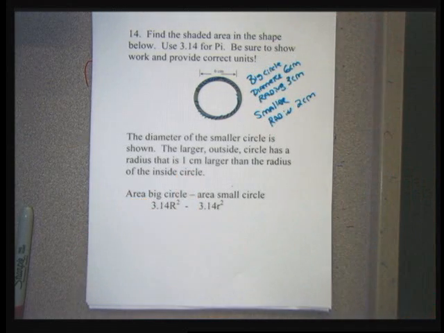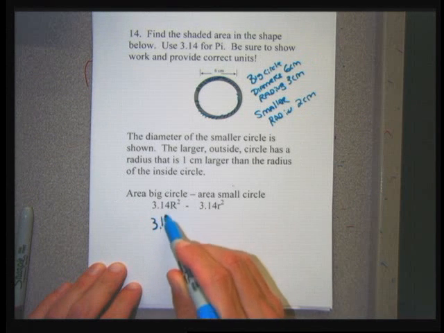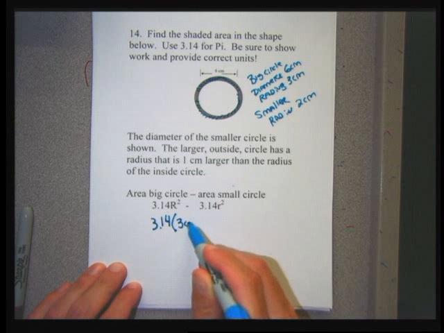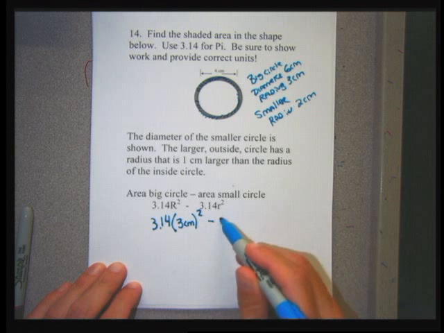Now that I have the circles understood, I know the bigger circle's radius, I know the smaller circle's radius, and I understand visually I'm trying to find the area of the big circle minus the area of the small circle. I'm going to plug my numbers in. The area of the big circle is pi R squared. I put it as a big R because it's a bigger circle, so it's 3.14 times 3 centimeters squared.